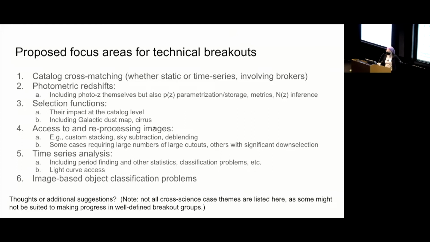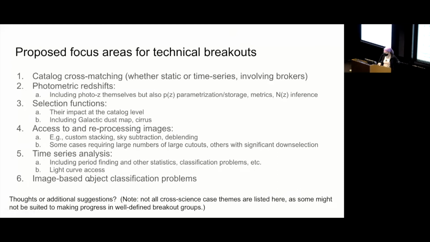There were a few groups that mentioned wanting to do some kind of custom stacking or custom sky subtraction or deblending, either for the LSST images or for simulations or whatever. And then time series analysis and image-based object classification problems.